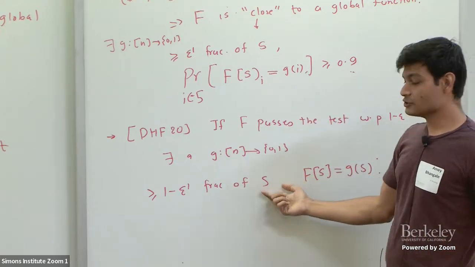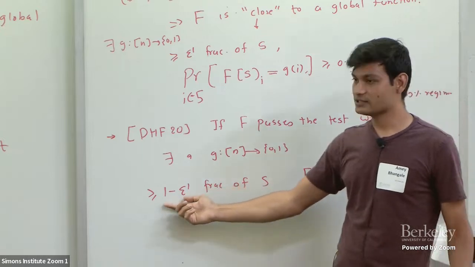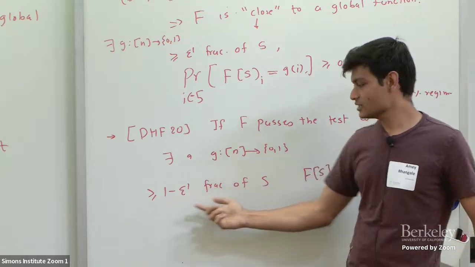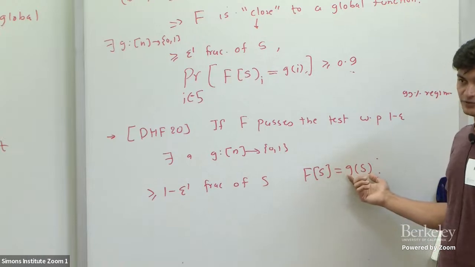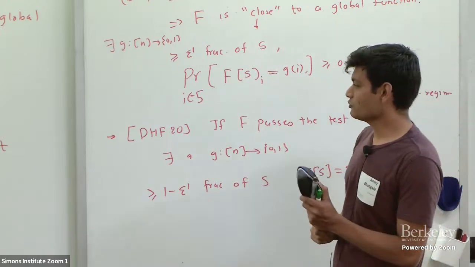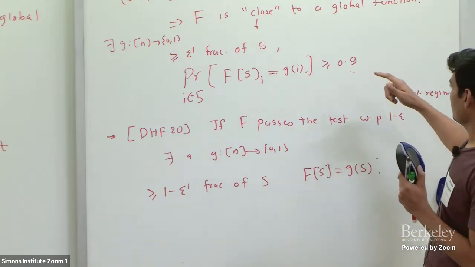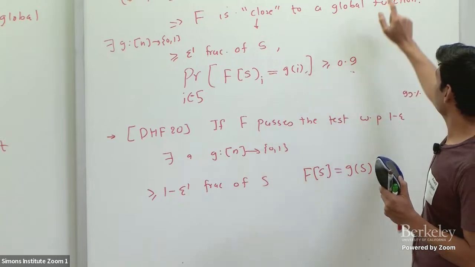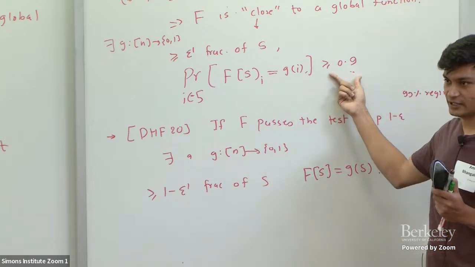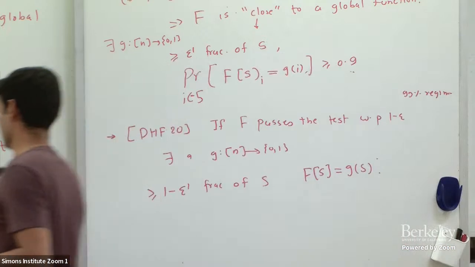And the guarantee is also much stronger: for at least some 99% fraction of the sets, the table fully agrees with the global function. What we show is a direct product test in the 1% regime with a much stronger conclusion than that. So let me just state that.